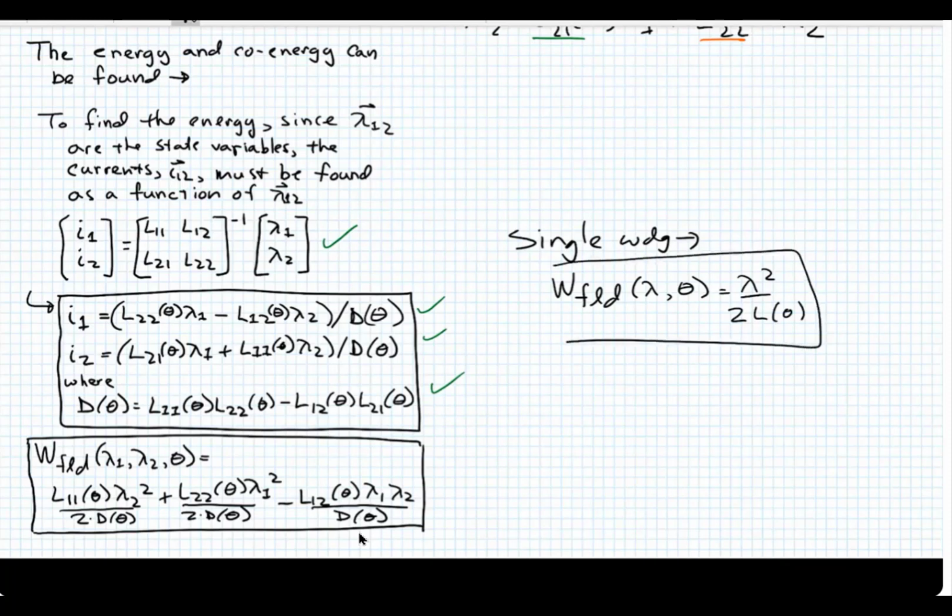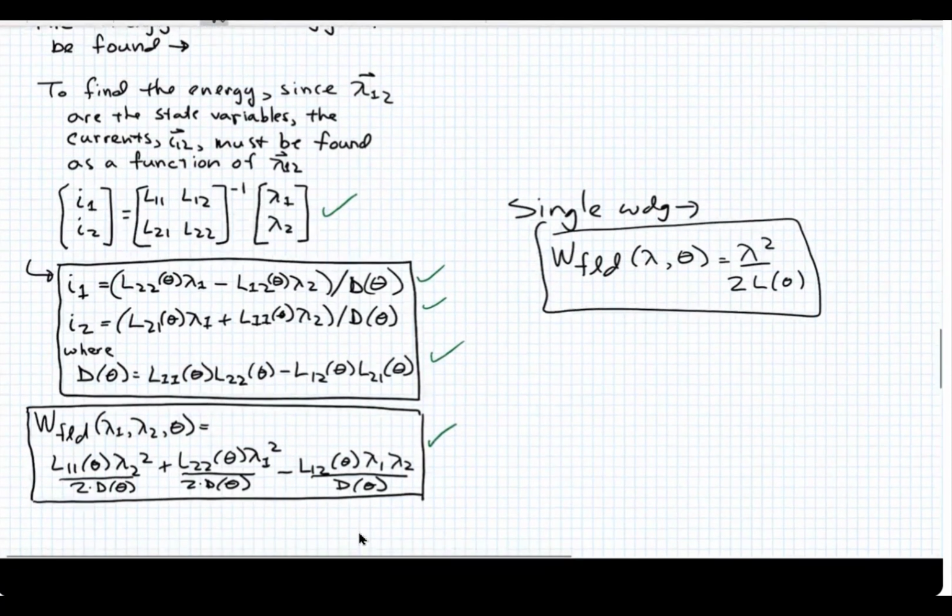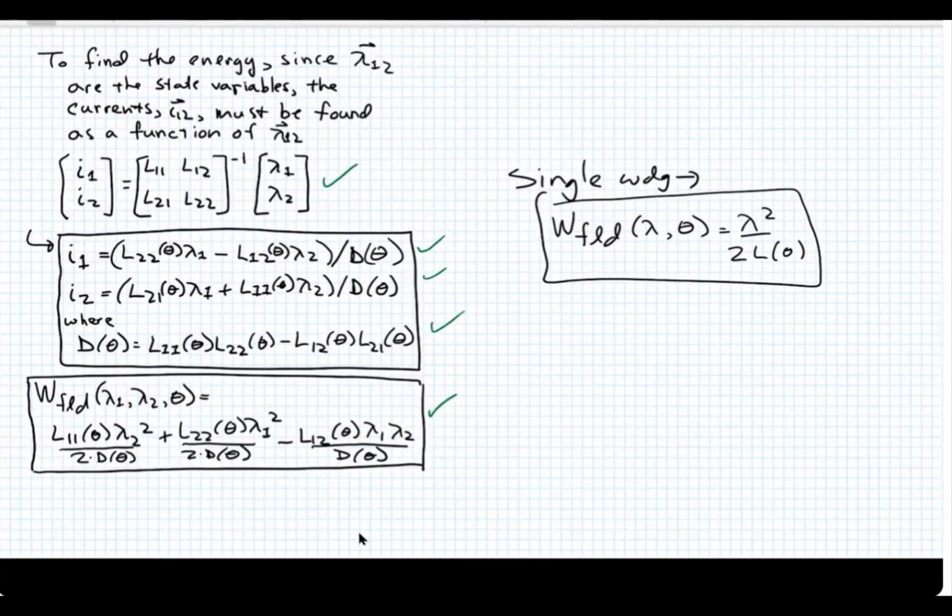Just adding one more winding got us to this horrifically ugly equation right here. That's what the energy is. And you have to do an inversion. This D is your determinant for a 2x2 matrix inversion. So it's not easy to find energy from a two-winding machine.